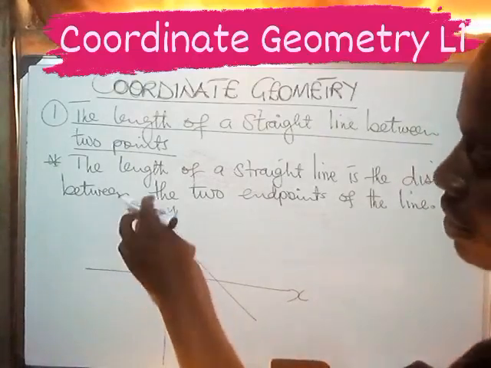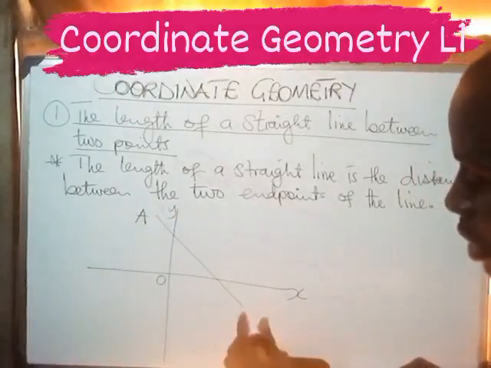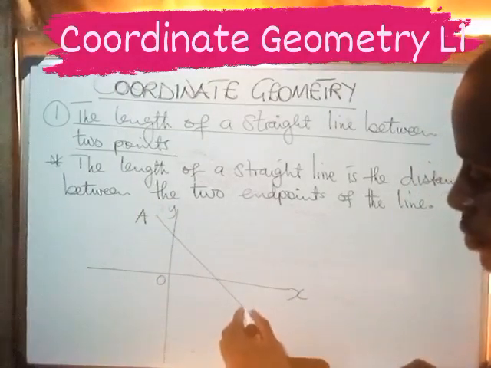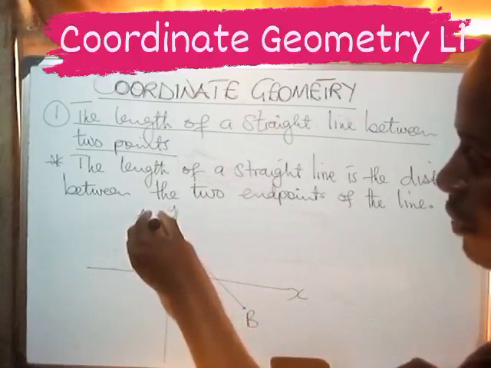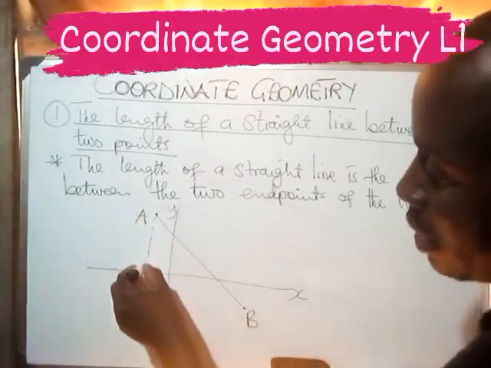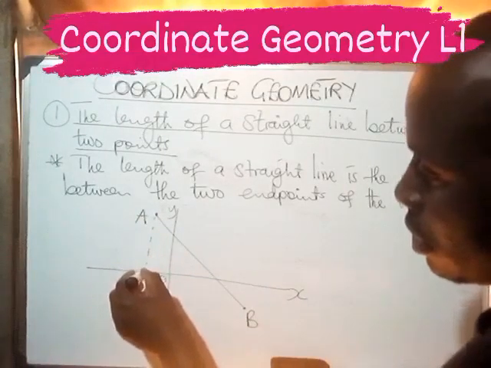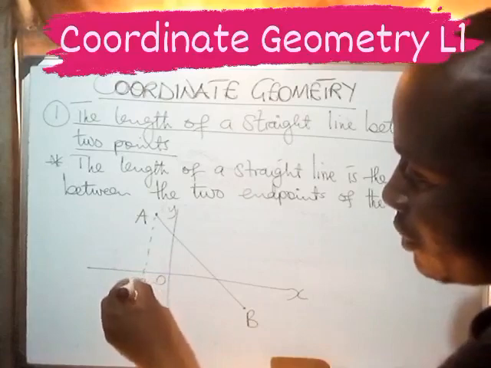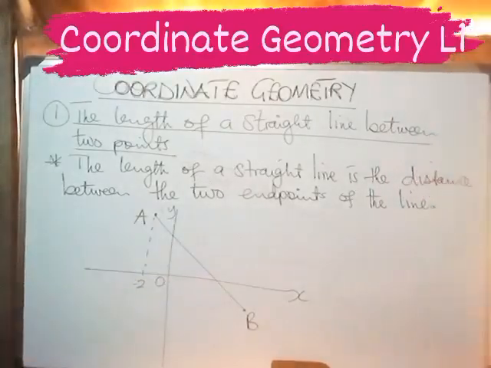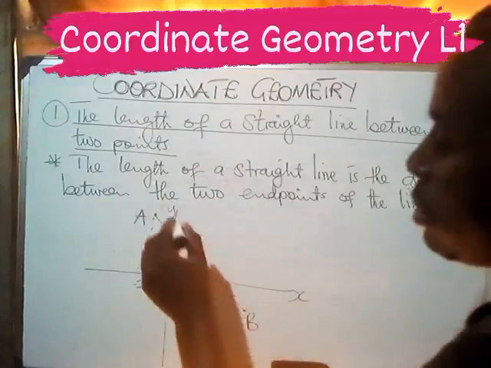I say this is point A and this is point B. So this is the line we have on the Cartesian x-y plane. Let us find the coordinates of this. Maybe there I can say -2, then on the top I say it is 3.